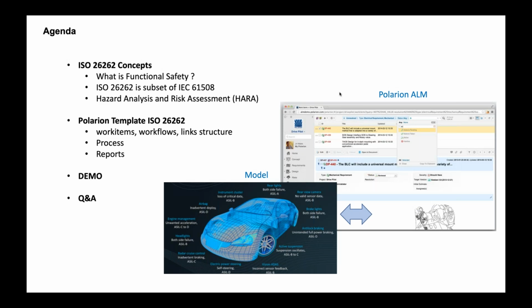There is a special template inside Polarion, which gives you predefined work items, workflows, and data structures. It allows you to follow a specific process, and it gives you special reports to see the data in the right way. We will also try to see a live demo of Polarion, and there will be a short questions and answers session afterwards.